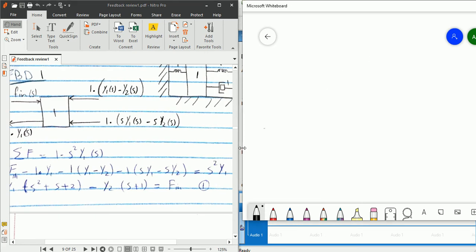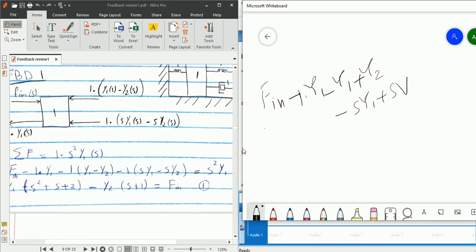Yes, it's basically f_in minus 1 dot y1 minus 1 dot y1, it's basically y1. Okay, and minus y1 plus y2 minus s y1 plus s y2 equal to s square y1.